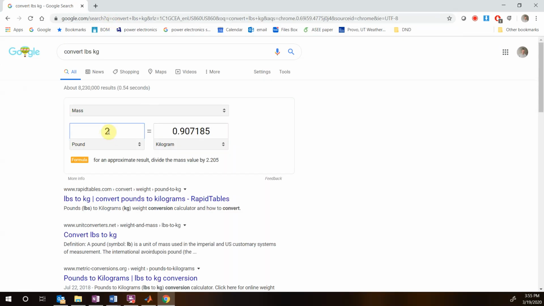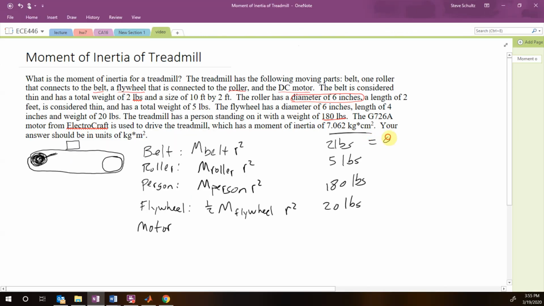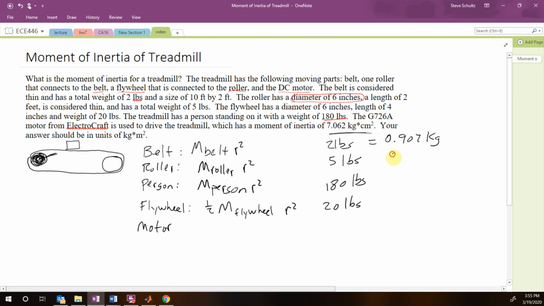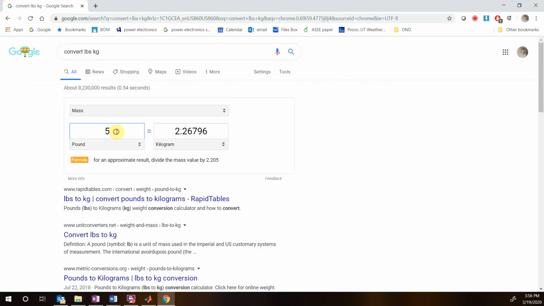So 2 pounds is 0.907 kilograms. The 5 pounds is 2.27. And the 180 pounds is 81.6.